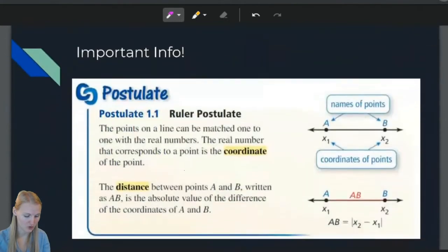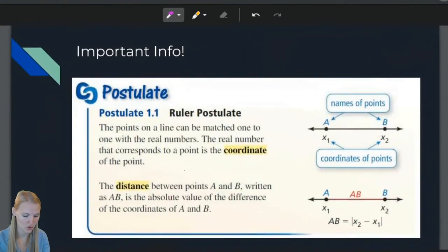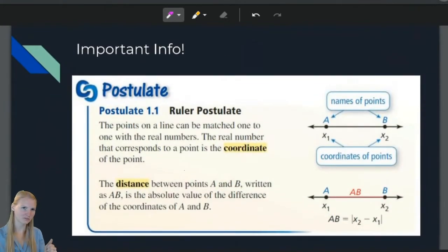So, first thing we're going to learn about is the Ruler Postulate. You have probably seen this before, just with a different name, and if you haven't seen it before, that's okay, you're seeing it now. So what this says is that the points on a line can be matched one-to-one with real numbers, because there are infinitely many real numbers, and you can make infinitely many points on a line.